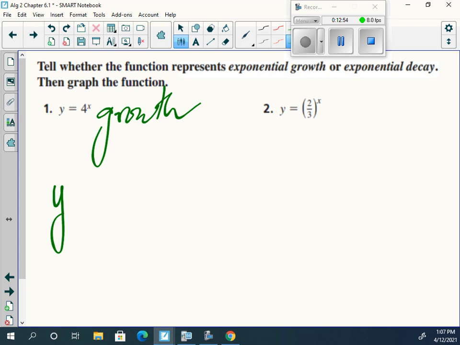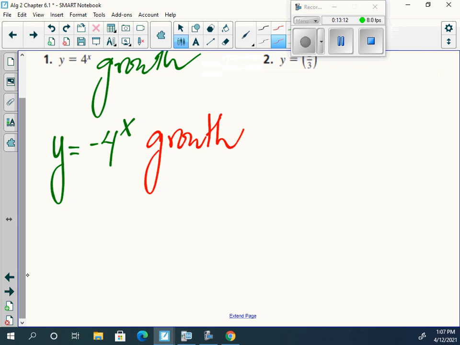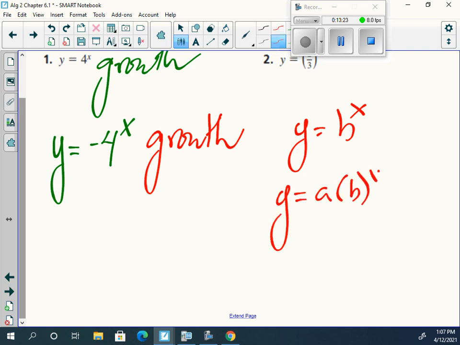So you're talking about, like, say, y equals -4 to the x, yes? So what would this one be? This would be growth. Because really what we have here is not in the form y equals b to the x. What we actually have is y is equal to a times b to the x.